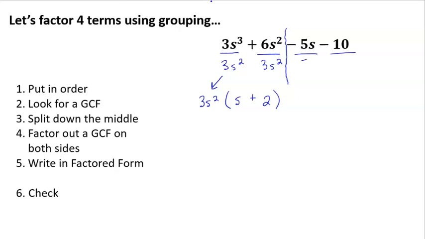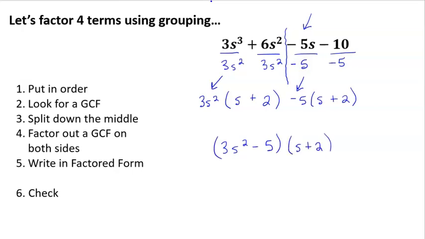On this side, I know 5 goes into both, but don't forget that leading coefficient is negative, so our GCF is also negative. Bring it down, and then we end up with s plus 2. So we've got 3s squared minus 5, and then s plus 2. And that is our answer.